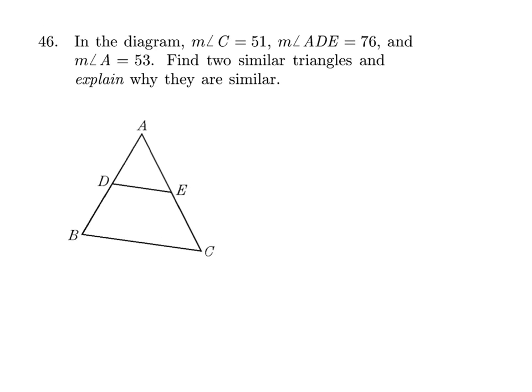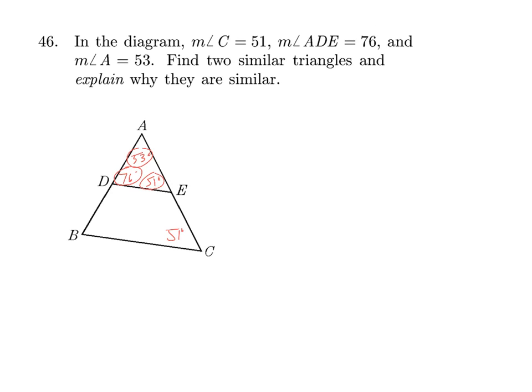All right, in the diagram, measurement angle C is 51 degrees. ADE is 76 degrees. And A is 53 degrees. Find two similar triangles and explain why they are similar. It's pretty easy stuff. If that's 53 and that's 76, you subtract both of those from 180 and you get 51.